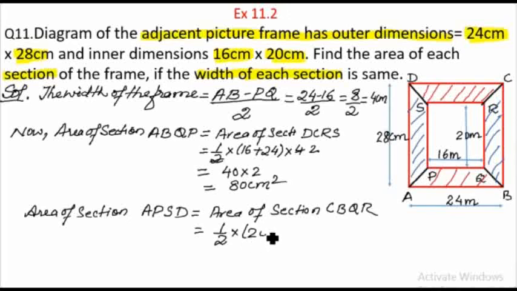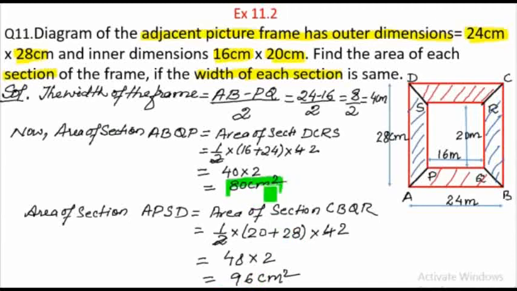So we write 20 plus 28 into the height of this section, 4 centimeter. 2 cancels with 4, so 20 plus 28 is 48, 48 into 2 is equal to 96 centimeter square. So one of the sections is 80 centimeter square and the other one is 96 centimeter square.